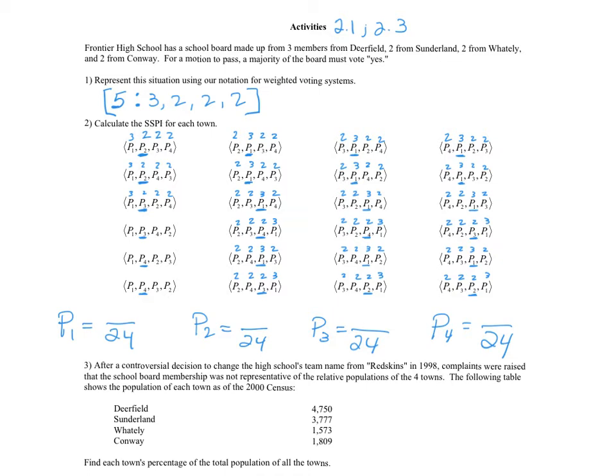So let's see. 1, 2, 3, 4, 5, 6, 7, 8, 9, 10, 11, 12. So player 1 is pivotal 12 times, so 12 out of 24.